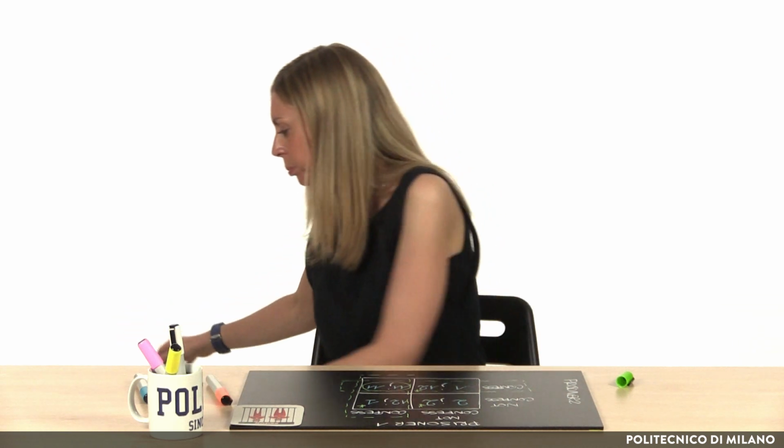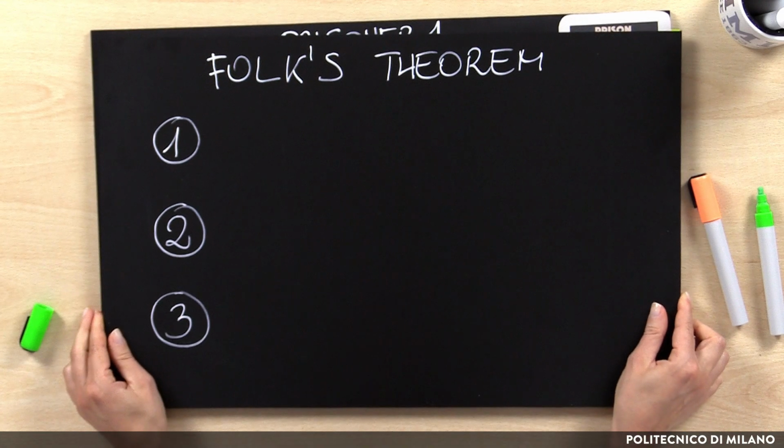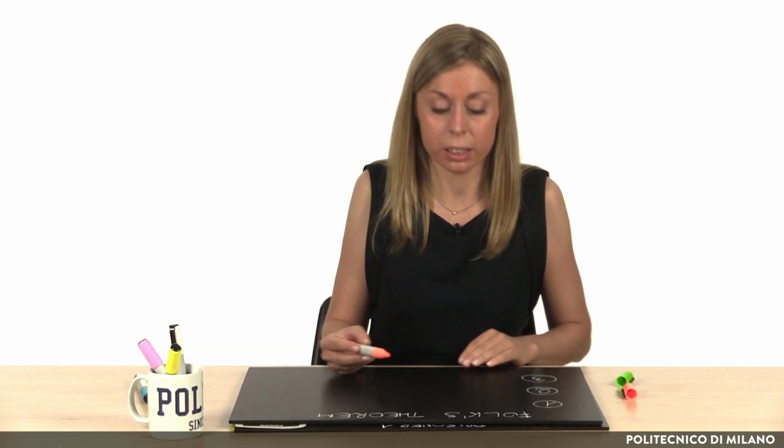The situation described before is totally irrational, and so, to change the results, we need to change some environmental variables that are influencing the game structure. To change the environment, we need to put into practice the main concepts of the Folk theorem. First of all, it must be possible to repeat the game.